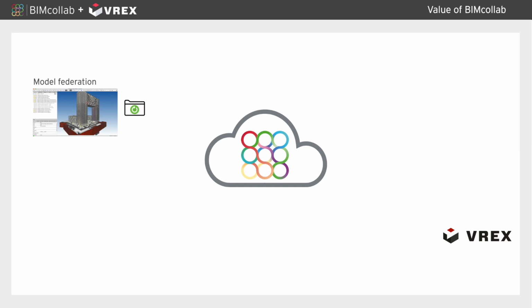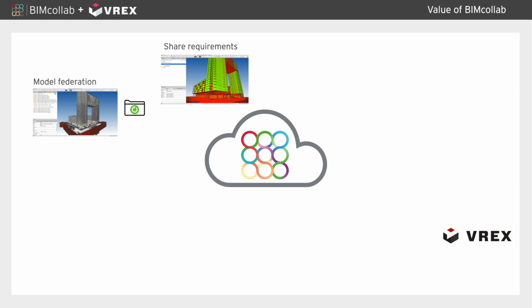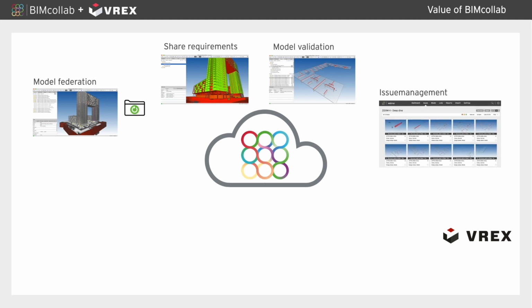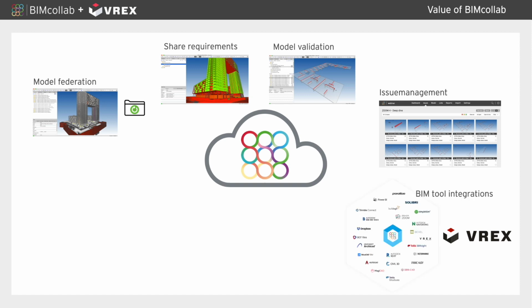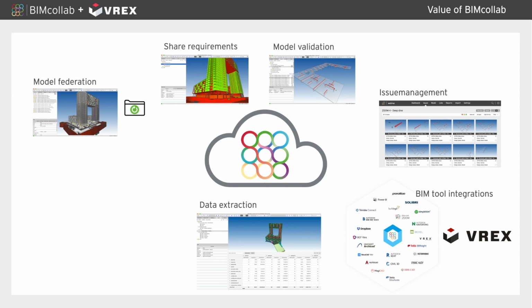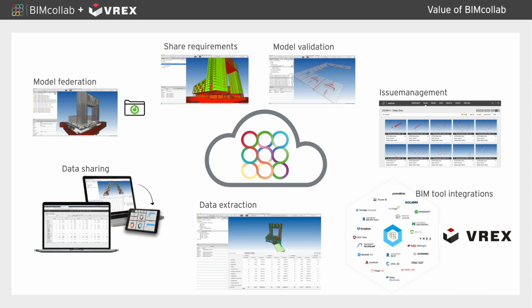So having a model federation set up, sharing to your team, sharing the requirements stated in the BIM execution plan, having the software for model validation on geometry clashes of your models, sharing using a centralized issue management platform which is integrated into various BIM tools, including of course Vrex as shown today, and last but not least, the data extraction, the properties of your BIM models extracted to your needs, and sharing all the data to have good insights on your process regarding issues and data completion of the models.